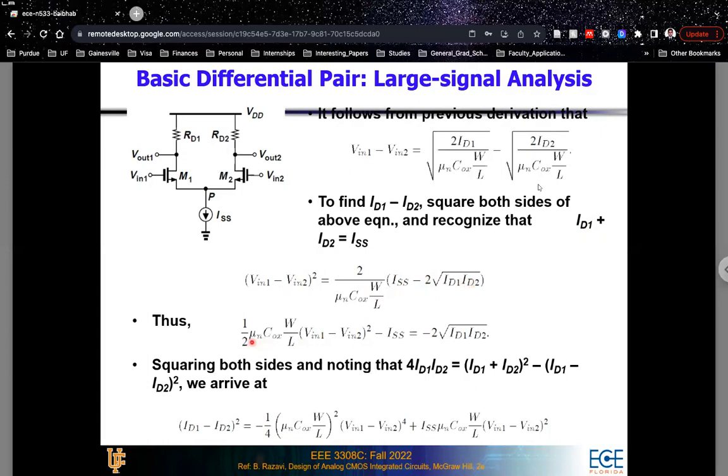Thus, you can write half of K times (Vin1 minus Vin2) whole squared minus ISS to be equal to minus 2 times the square root of ID1 ID2.